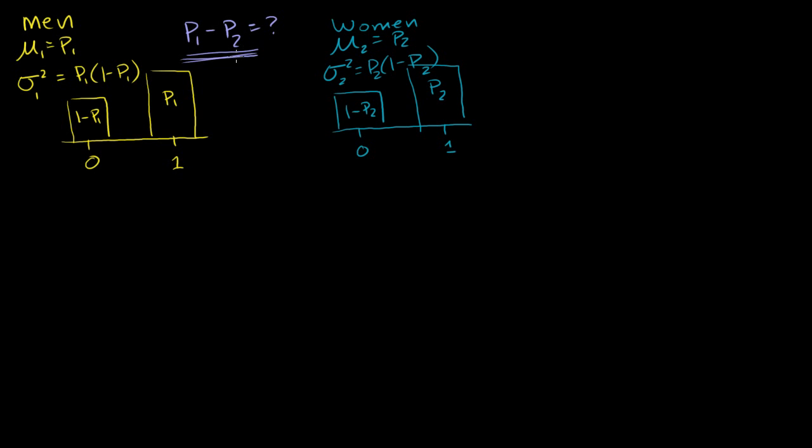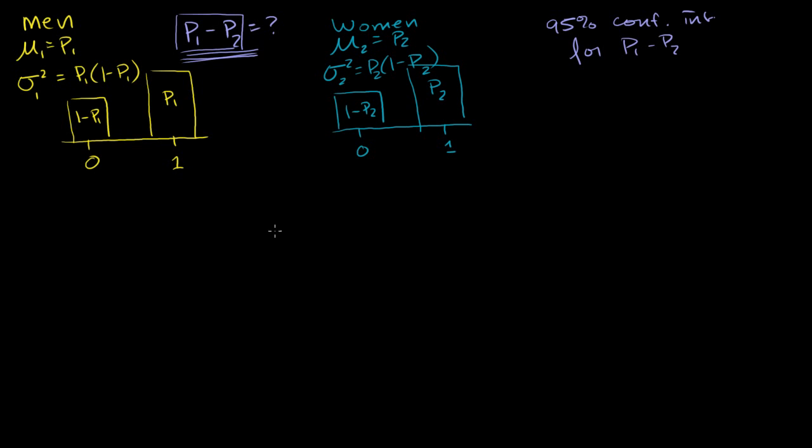What we're going to do in this video is try to come up with a 95% confidence interval for this parameter. This difference of parameters is still a parameter. We don't know what the true difference of these two population proportions is, but we're going to try to come up with a 95% confidence interval for that difference.